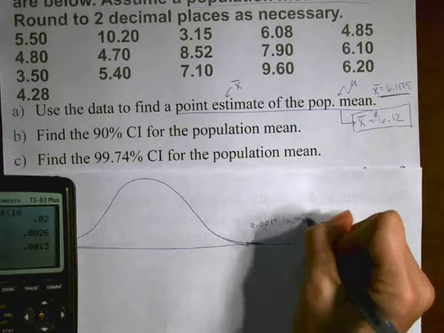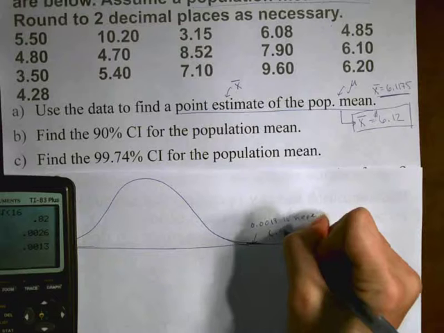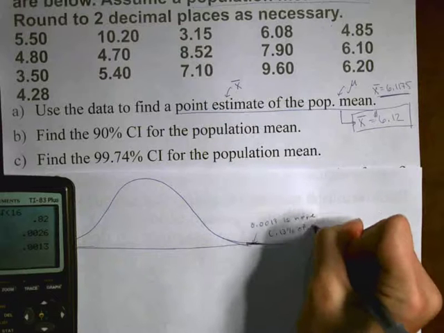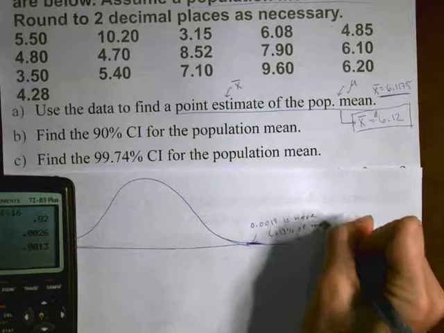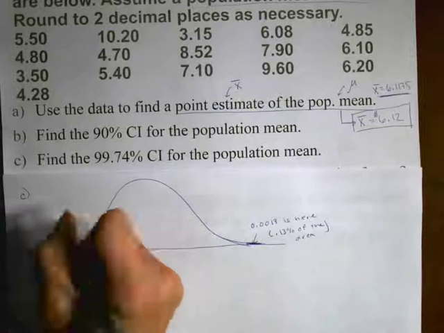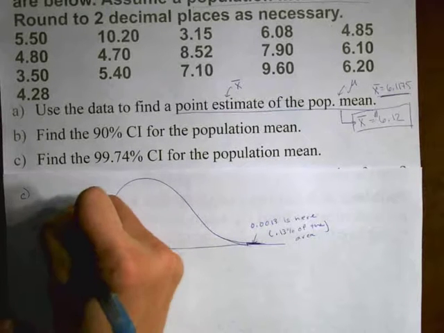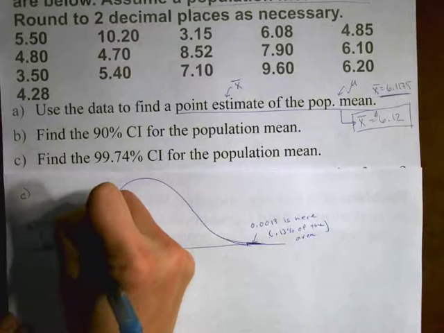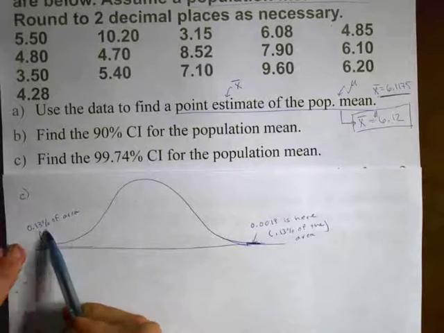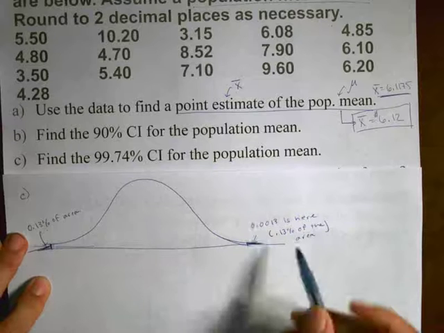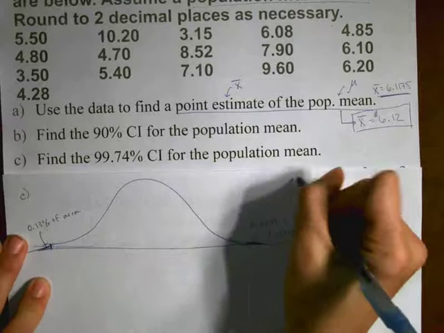So just to write this out here, I will say that 0.0013 is here. So this is 0.13% of the area. And same thing over here. So this is 0.13% of the area as well.